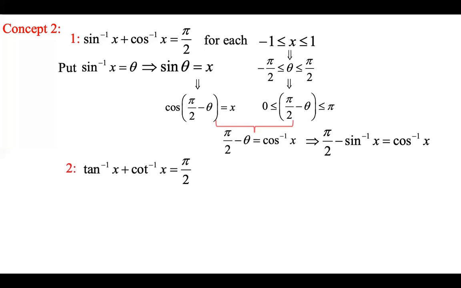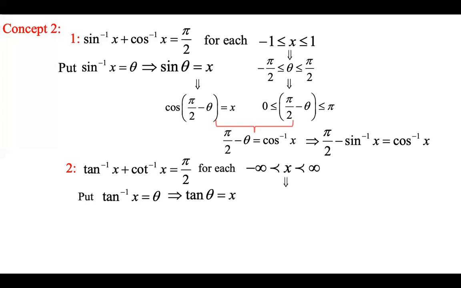Similarly, the second point: tan inverse x plus cot inverse x is equal to pi by 2. Here x can be any real number, from minus infinity to infinity. Again you put tan inverse x equal to theta. Therefore tan theta is equal to x.